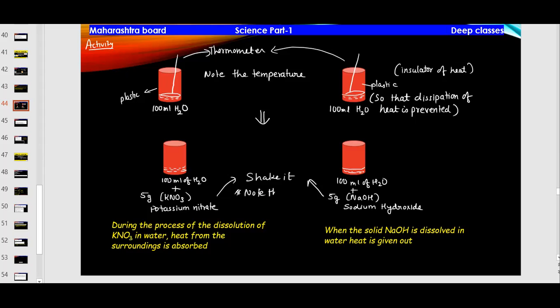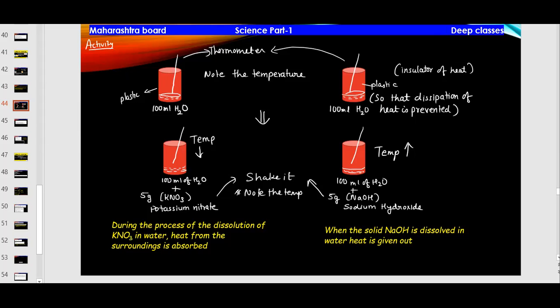When you note the temperature using the thermometer, you will see that in the first beaker the temperature is decreasing from whatever it was earlier. And in the second beaker, if you note down the temperature, you will see the temperature increased. What does it mean?